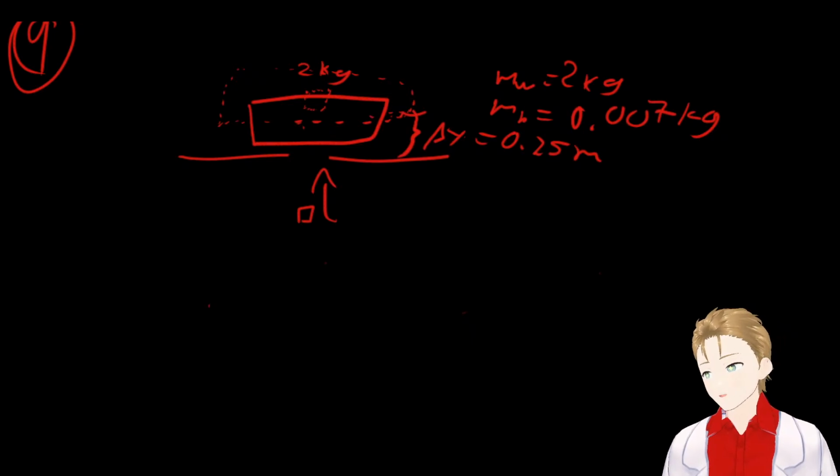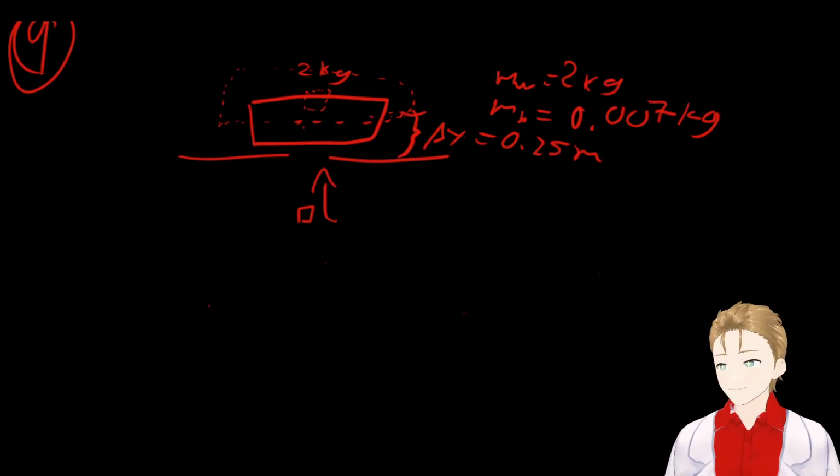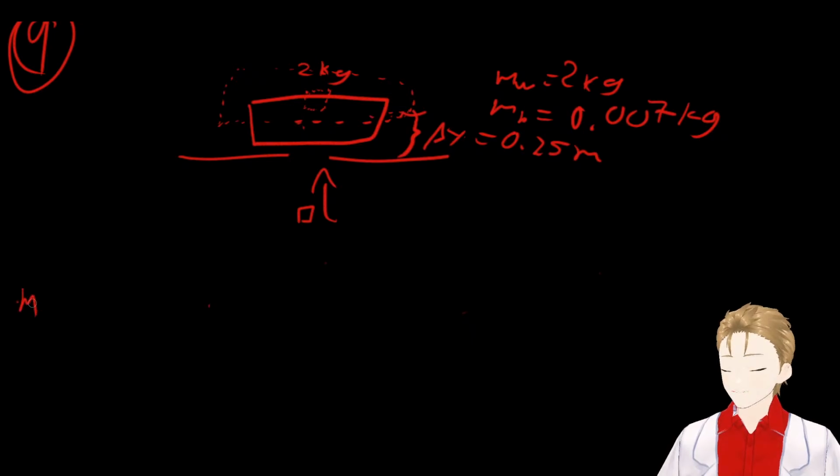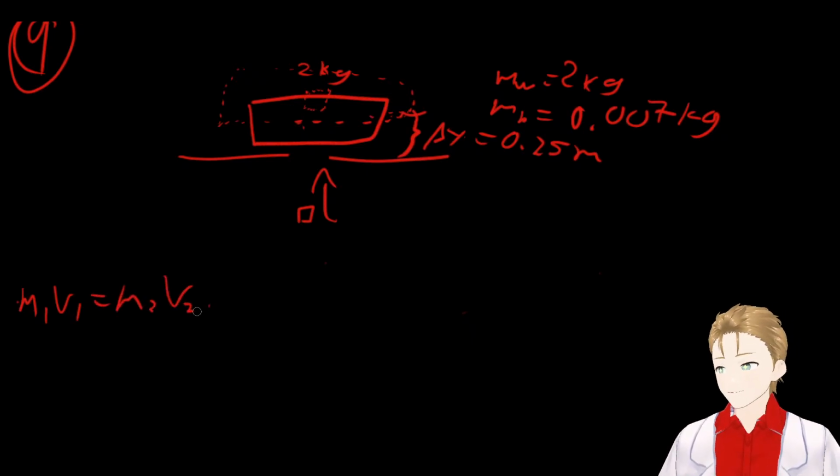How fast was the bullet going initially? So it launches, so it's again the velocity 1. This is a bullet. I'm gonna use the velocity 2 of the bullet, and again it's just mass 1.